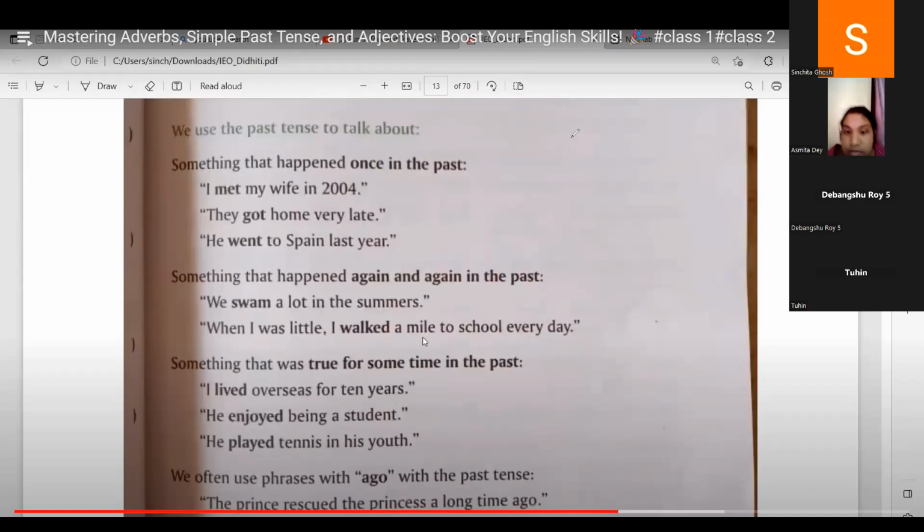Now, Ashmita, can you give me your example? Yes, ma'am. Some years ago, we traveled some years ago in the summer vacation.